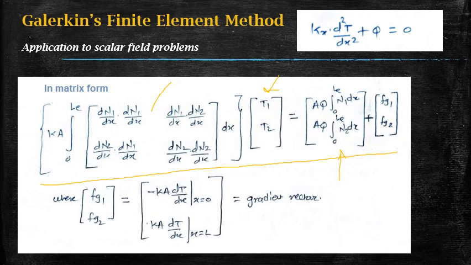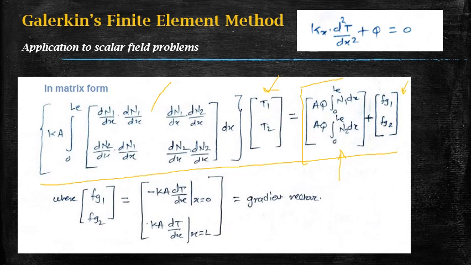So since heat was generated evenly in entire element, but now we have represented this heat generation in such a way that the part of heat will be generated at node number 1 and part of heat will be generated at local node number 2. So this matrix represents this phenomena.